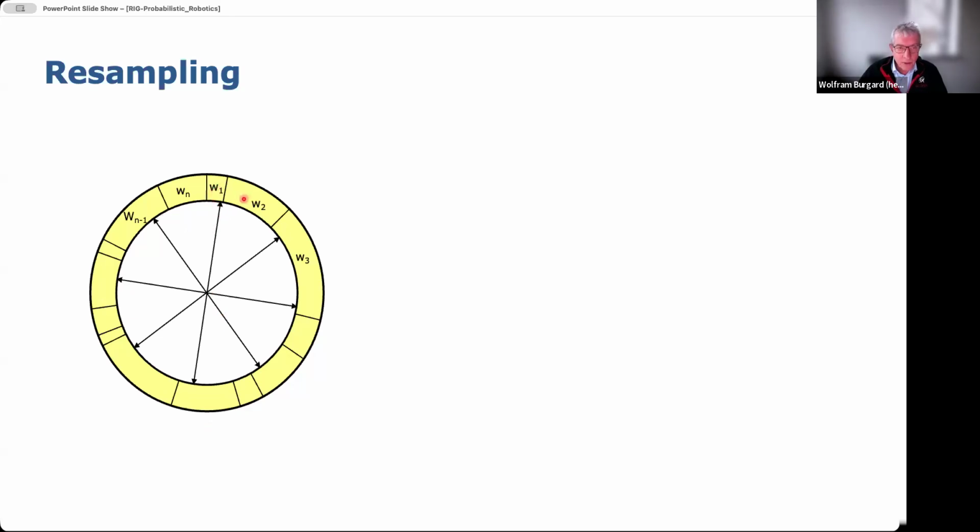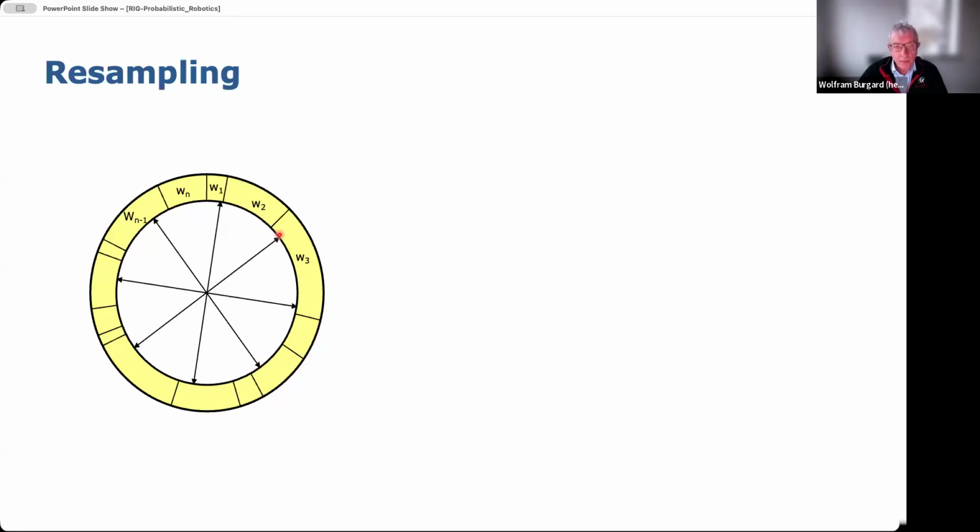Let's assume we have a roulette wheel where the individual holes are exactly the size of the importance weights. We guess an initial angle on this roulette wheel, and then proceed with a step size of 1 divided by n times 2 pi.